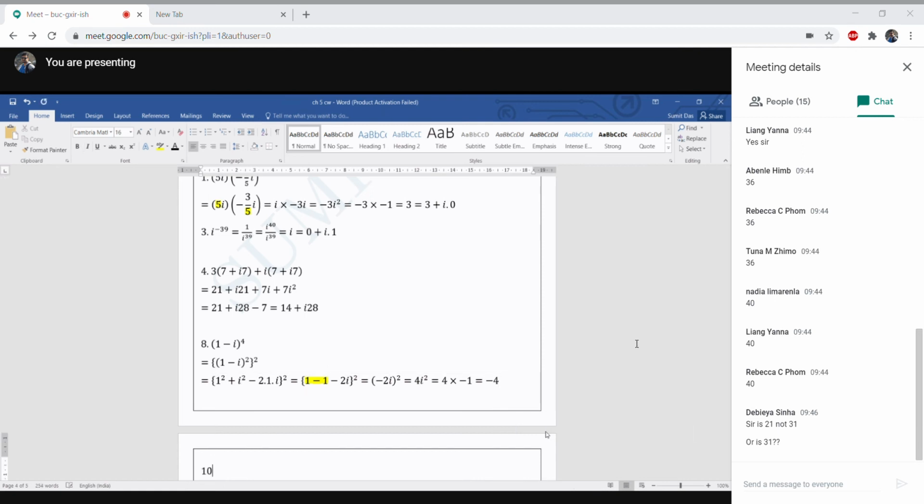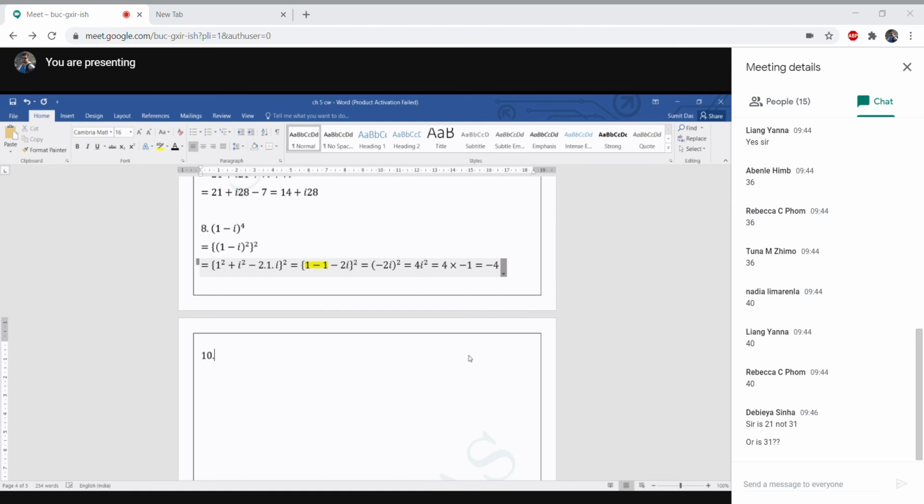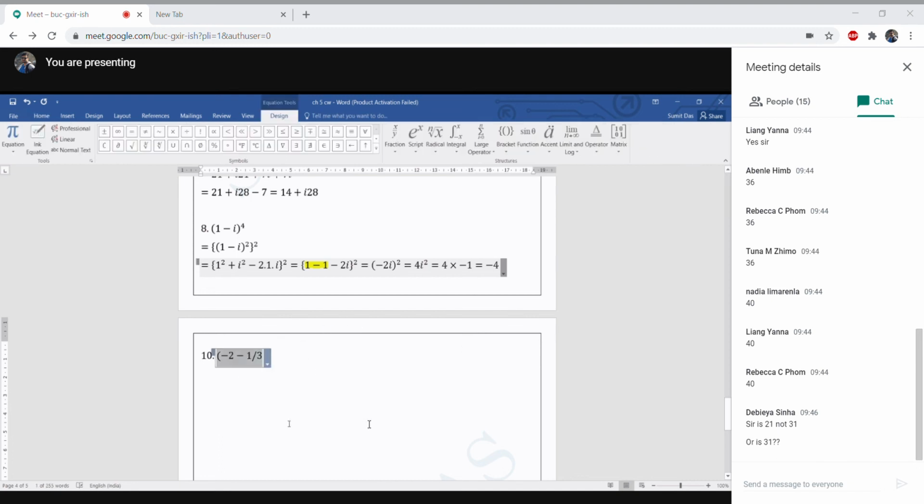Okay. So today's last question, as I told, question number 10, minus 2 minus 1 by 3i whole cube.